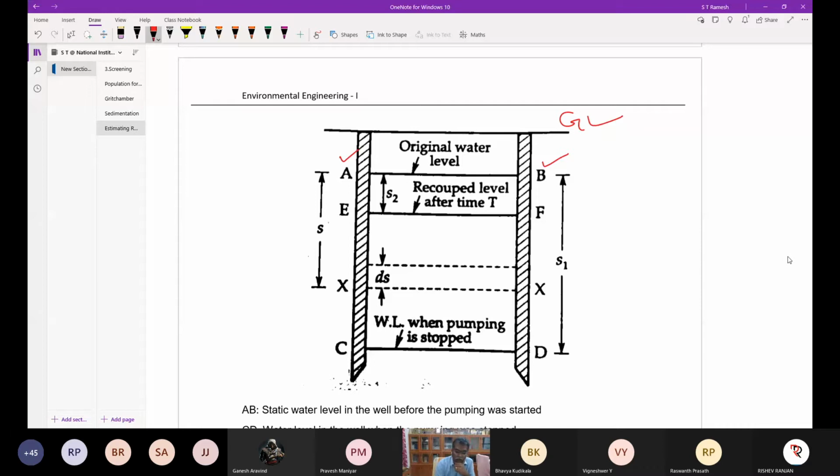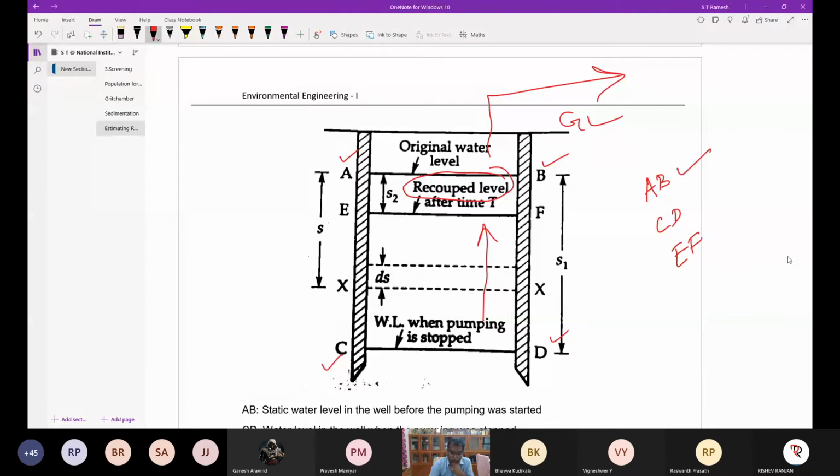If you pump out continuously, with heavy pumping, you make the water draw down from AB to CD. Then allow the water to recuperate further, and it will come back to the recouped level, E and F. AB, CD, and EF you should be familiar with.